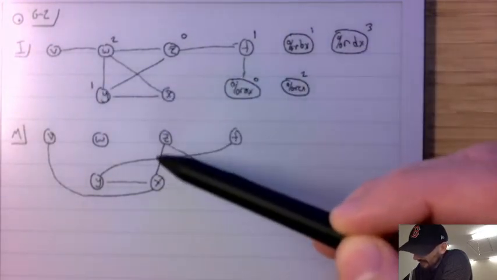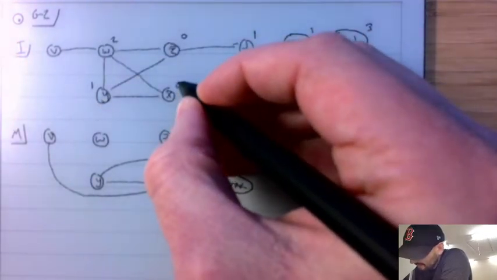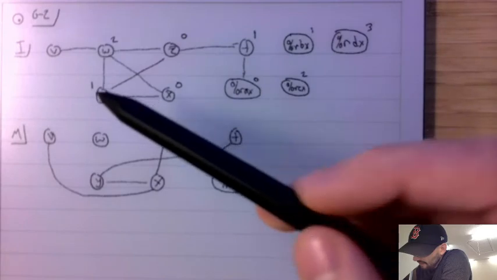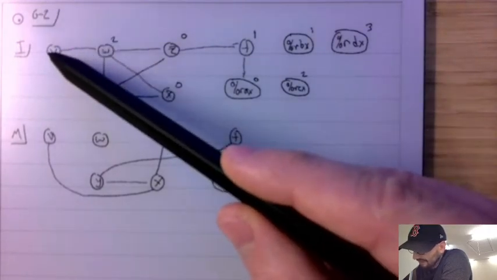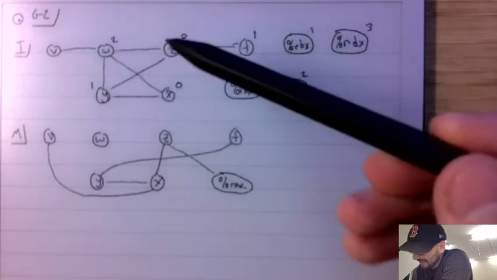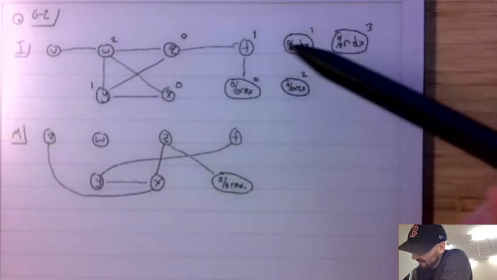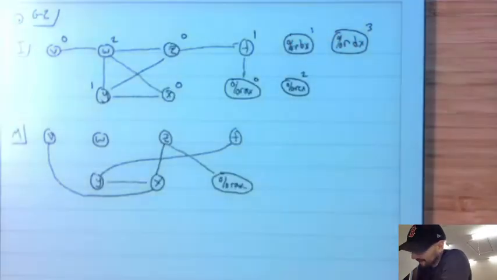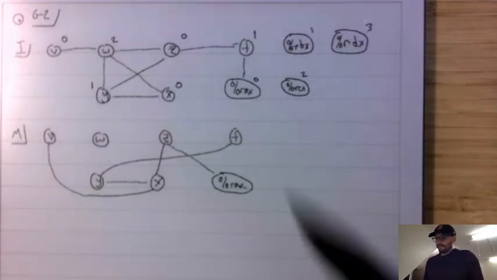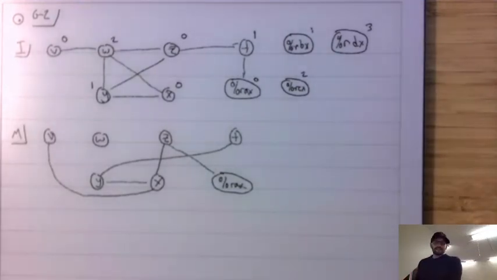And it is related to z in the move graph, so we would prefer labeling it as 0. Now we look at v. v is not allowed to be 2, which means it's allowed to be 0, 1, and 3. And notice that it's related to x, so we should prefer giving it the label 0. So we just came up with a labeling of this graph.